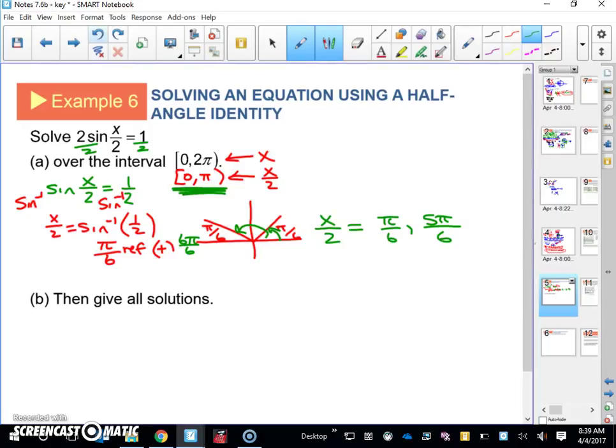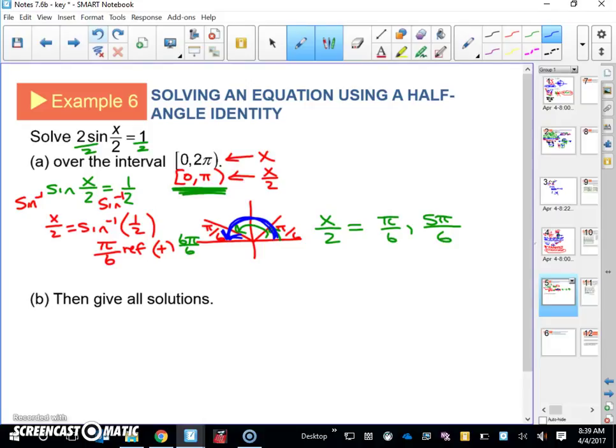It says I'm only allowed to go from 0 to pi. In this case, and this doesn't happen very often, that's exactly what I have. I've got angles going from 0 to pi right now. And so I don't really have to do anything more with that interval. I'm already all set up with my interval from 0 to pi.